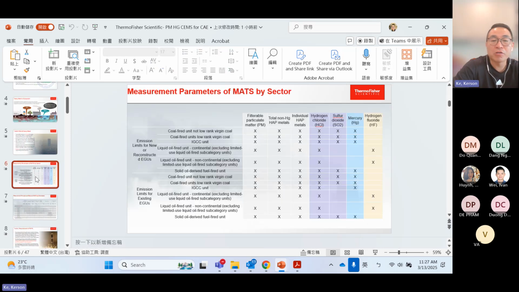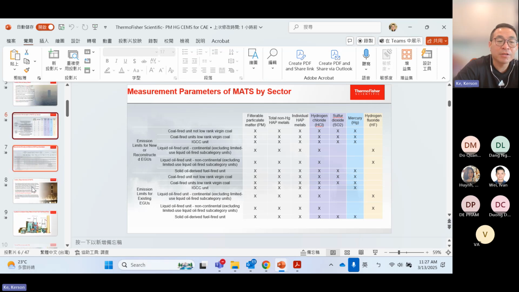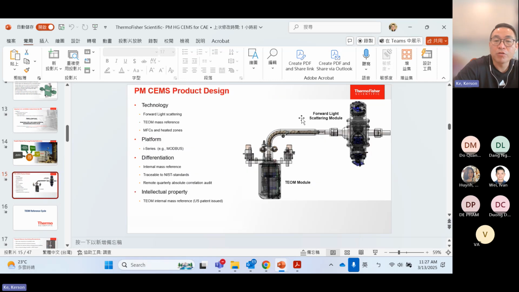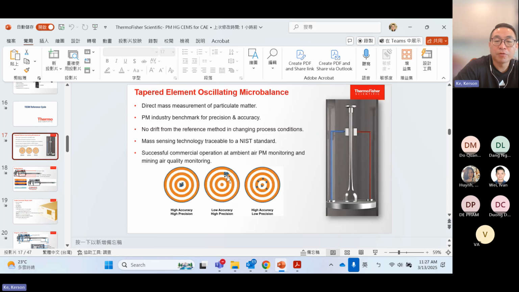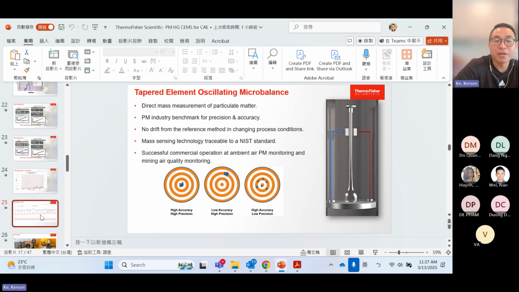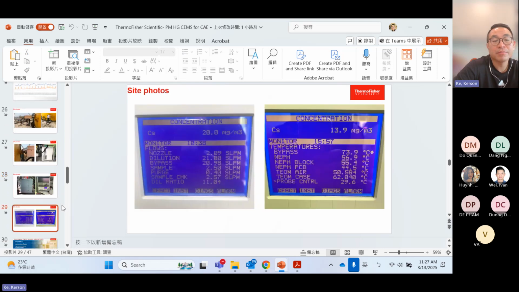During the session, I can share what the MATS regulation says, some key compounds they are concerned with, and what solutions we have. We have the light-scattering-based TEOM, which gives very good precision and accuracy, and what kind of results we have compared to opacity.